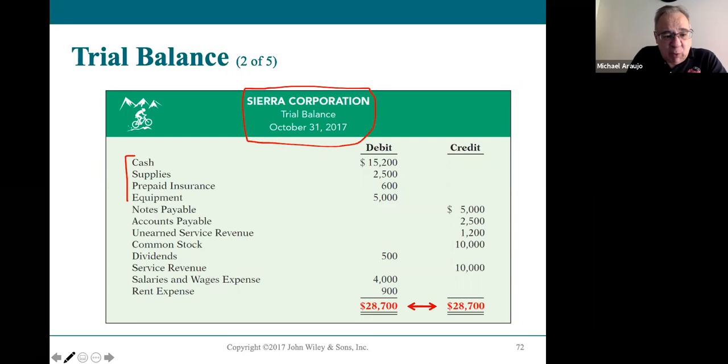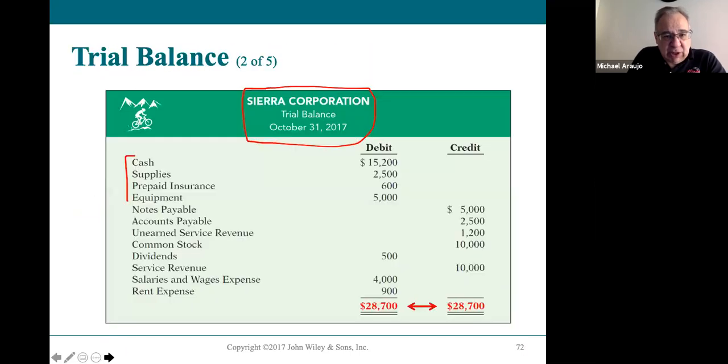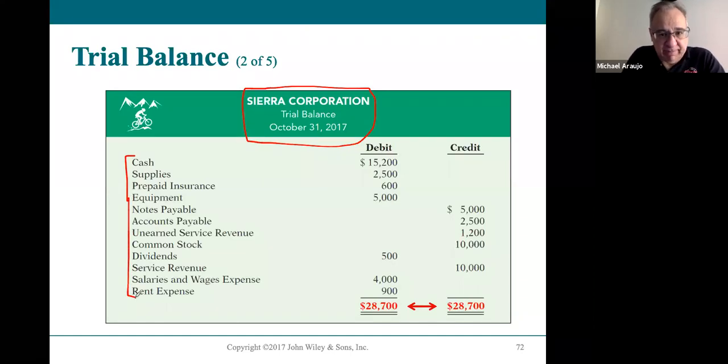These are the exact same order you would find them in. Let me go back. In the general ledger itself for Sierra Corporation: cash, supplies, prepaid insurance, equipment, notes payable, accounts payable, unearned service revenue, common stock, dividends, revenue, expense. This is the exact same order. You would simply just list the accounts in the order you saw them in the ledger.